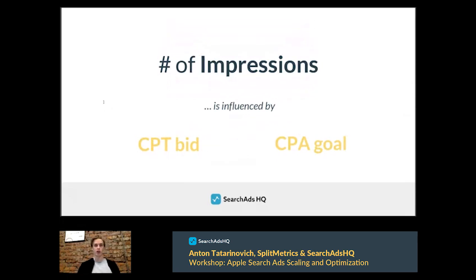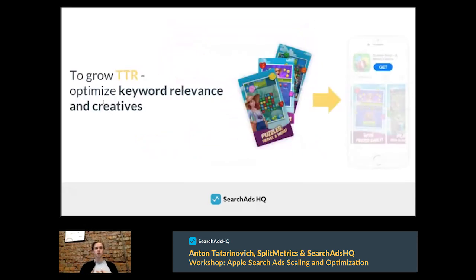Now, tap through rate. After getting impressions, you'll be willing to increase your tap through rate and cost per tap, right? That's extremely important because if your banner is getting a lot of impressions, but it's poorly optimized for high TTR, you'll be wasting money with no result at all, and nobody wants this.